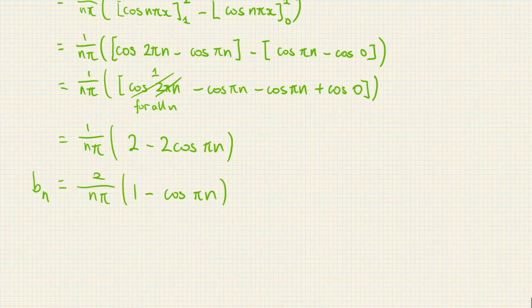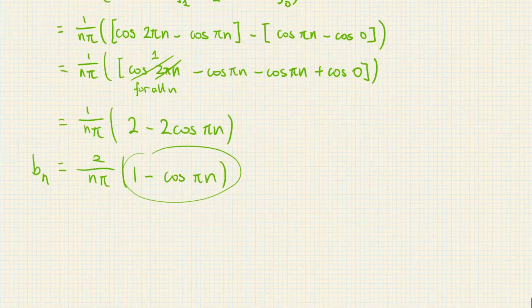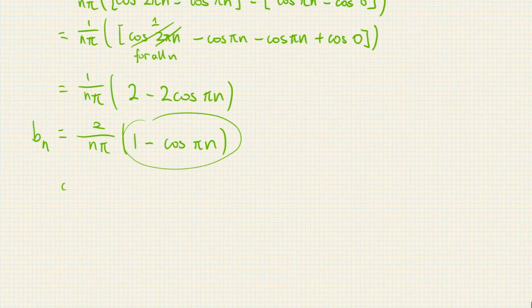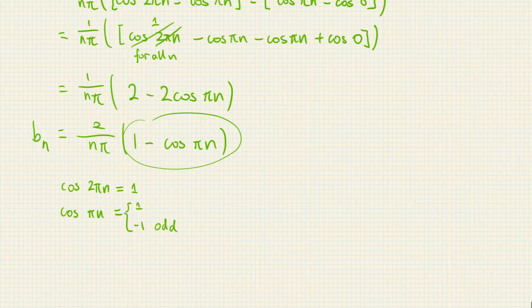We can simplify this further by looking at this term here. So cosine of 2 pi n is equal to 1, while cosine of pi n is alternately 1 and negative 1, depending on whether n is odd or even. If it is odd, then we get negative 1. If n is even, then we get 1.